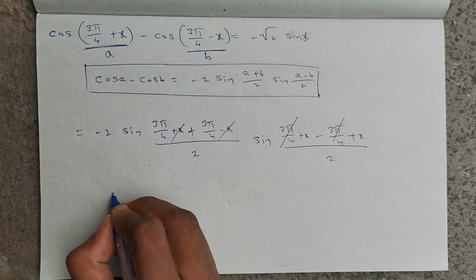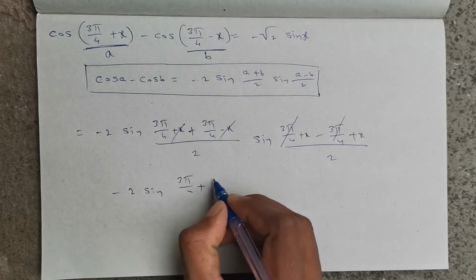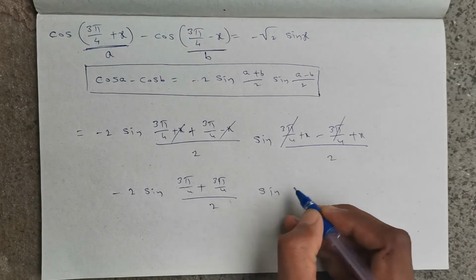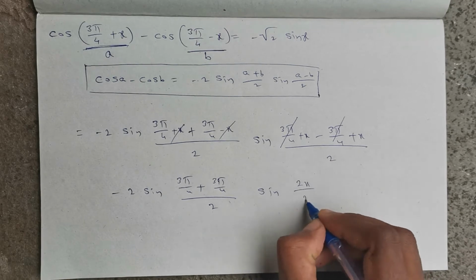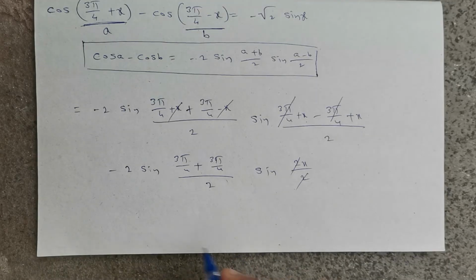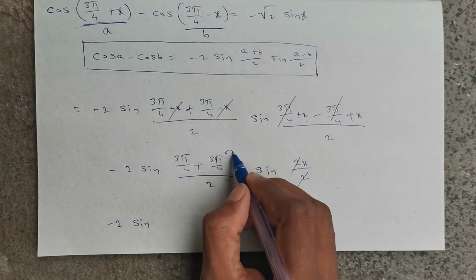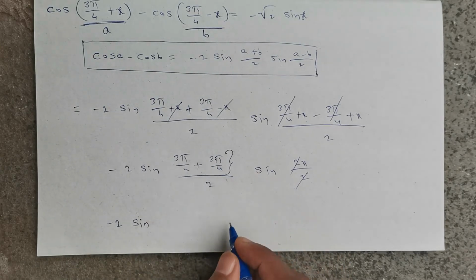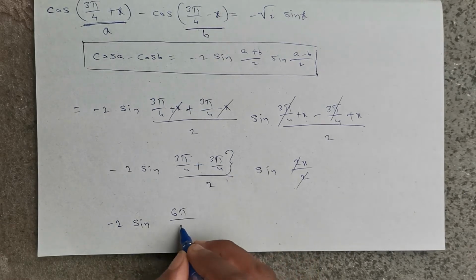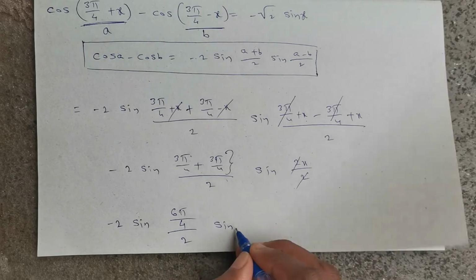So we remain with minus 2 times sin of 3 pi by 4 plus 3 pi by 4 whole divided by 2 into sin of x plus x, 2x divided by 2. Here 2 will get cancelled. Next, minus 2 into sin. If we observe this numerical part, both the denominators are the same, so we can add the numerators. 3 pi plus 3 pi, 6 pi divided by 4 whole divided by 2 into sin x.